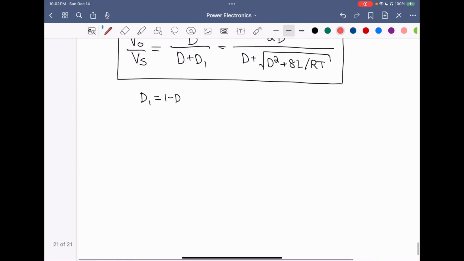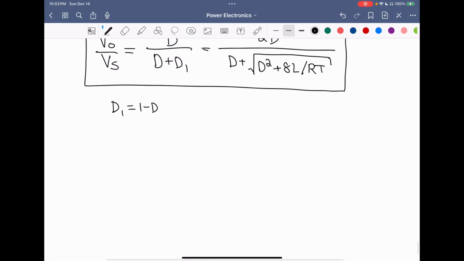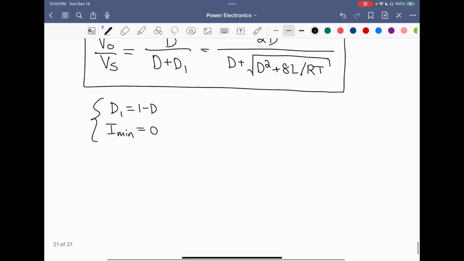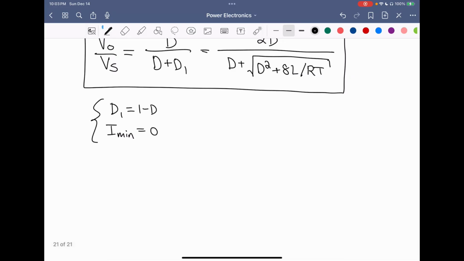As we mentioned in our continuous current analysis, another boundary condition is when the minimum inductor current I min equals 0. So these are our conditions for discontinuous current.